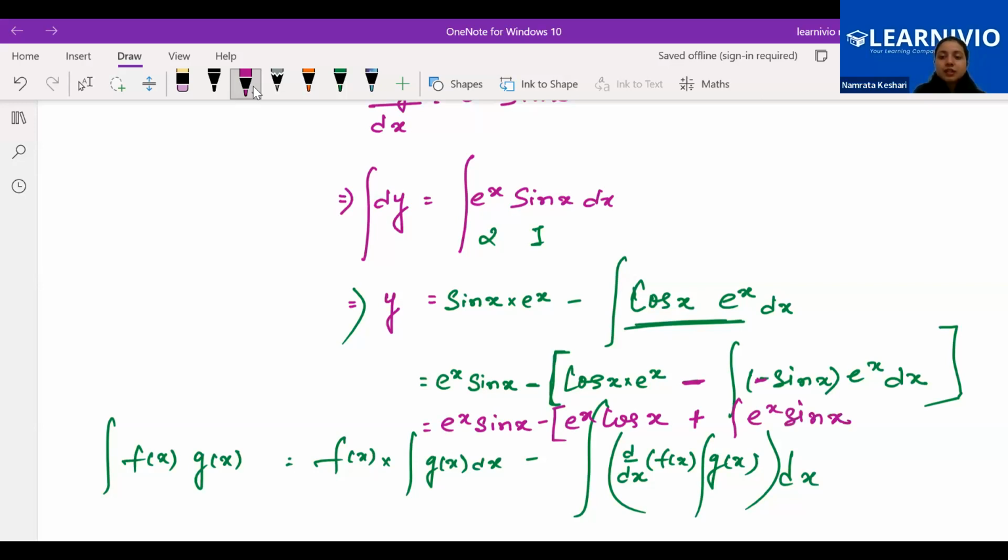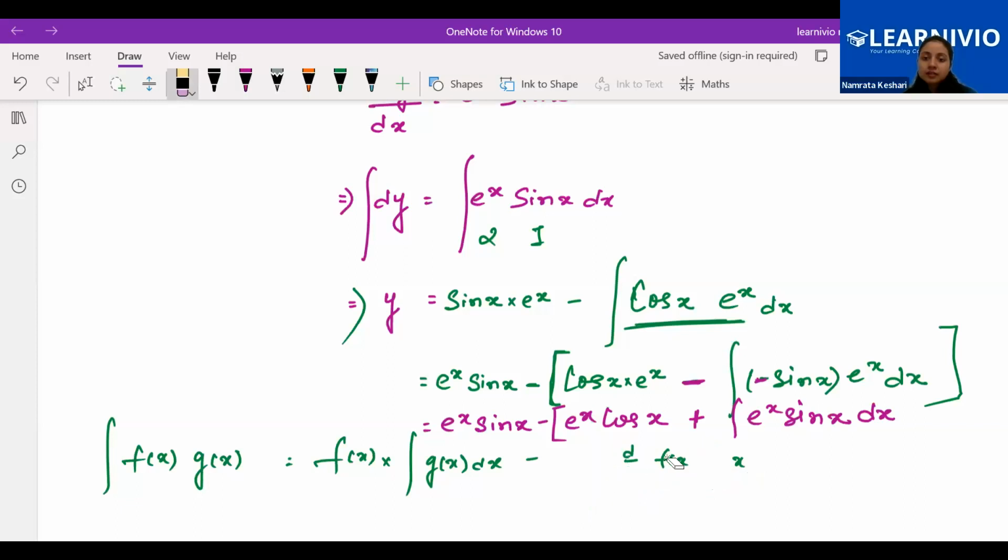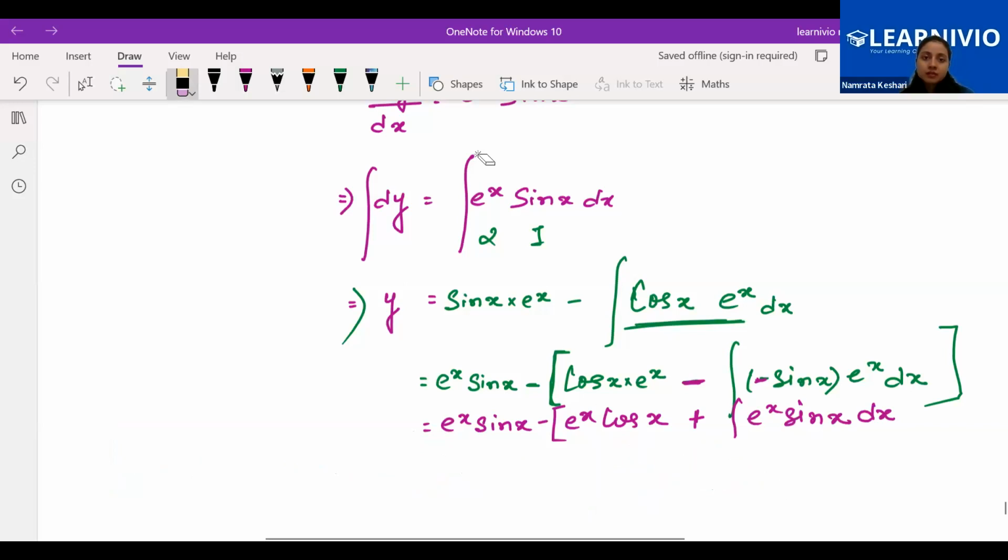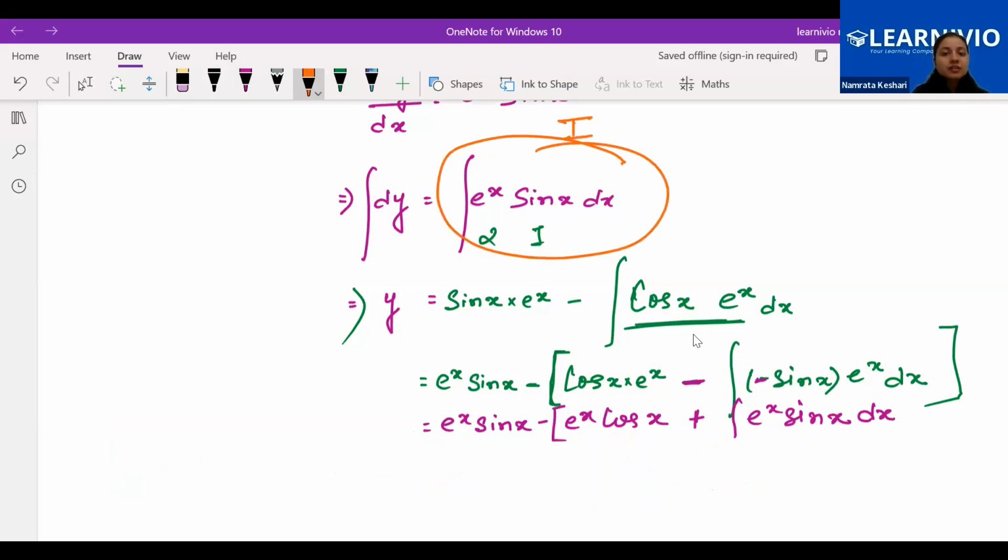That's why this type of integral we will be doing separately, and we have to take it as I. Suppose this one we started with, suppose this one is I. We started with the integration of I, we are just doing and doing, and again we ended up getting I over here.